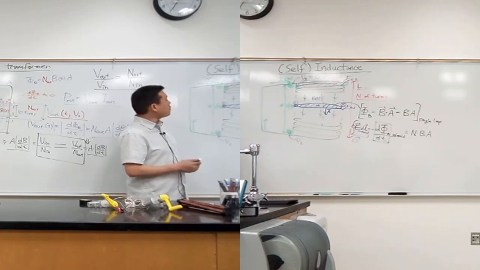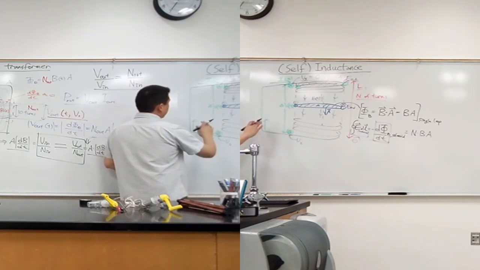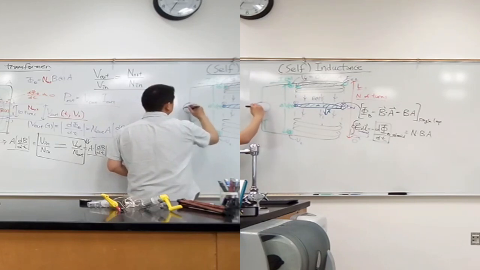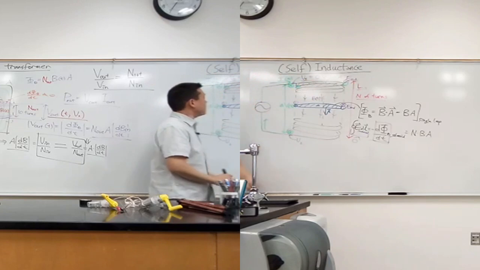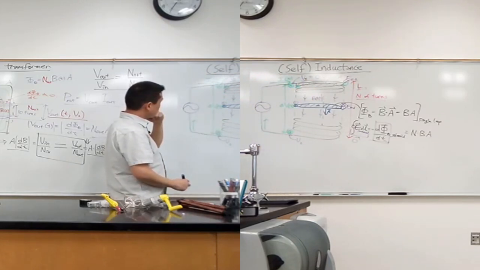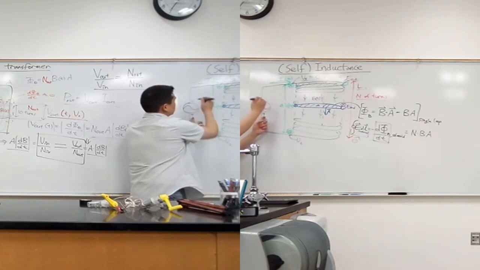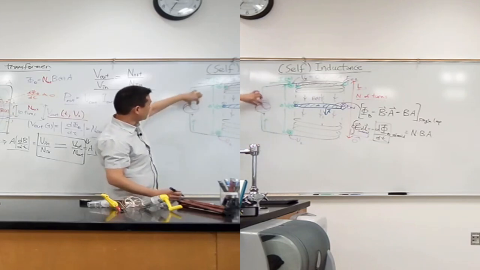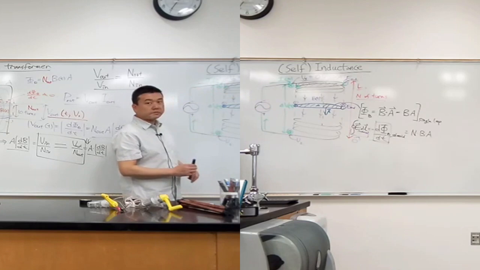So what I need to have here is a time-dependent voltage source, and at the moment the current is flowing this way, this should be the positive side of the voltage source. This should be the negative side, so that as the charge goes from here to here, it loses voltage and ends up back at 0 volts.